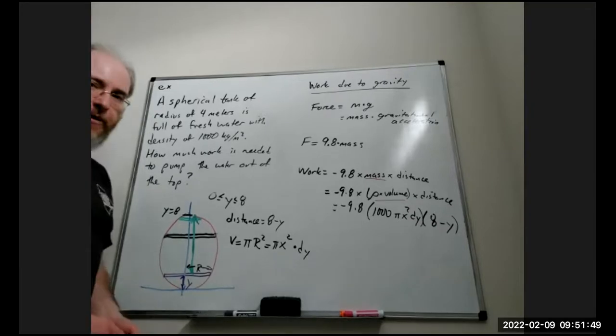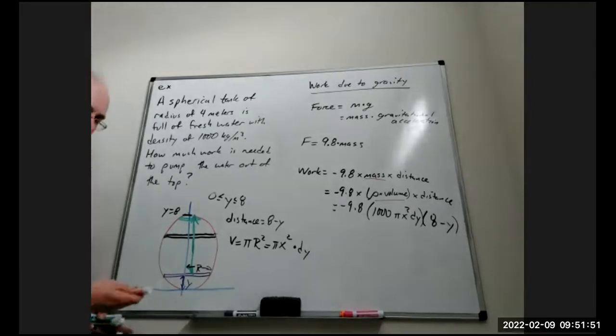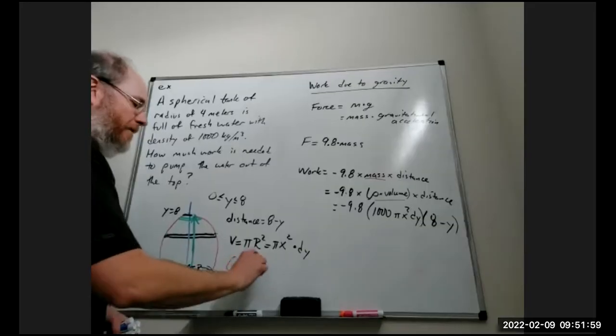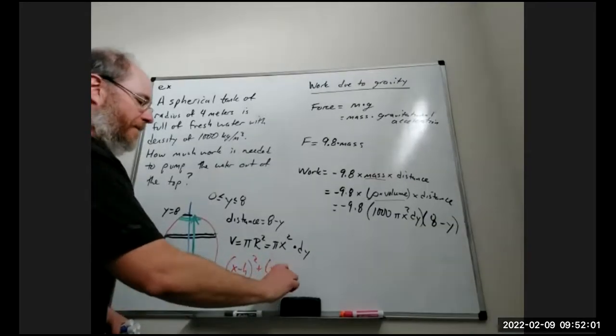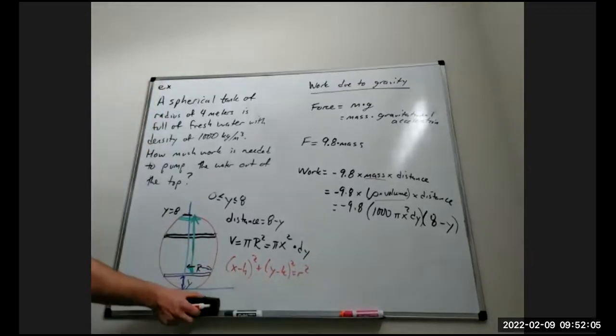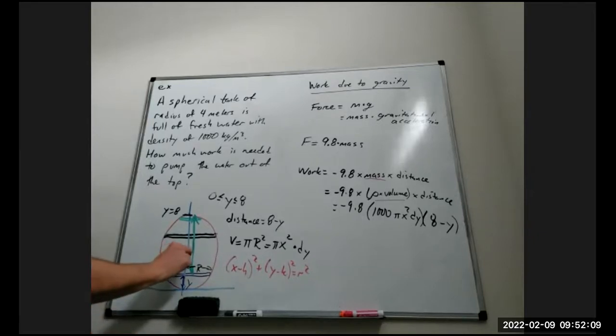You guys remember the equation for a circle? I hope you remember. The good old x minus h squared plus y minus k squared equals r squared, where h and k are the center of the circle. The center of my circle, if I'm using this coordinate scheme, is at 0, 4.